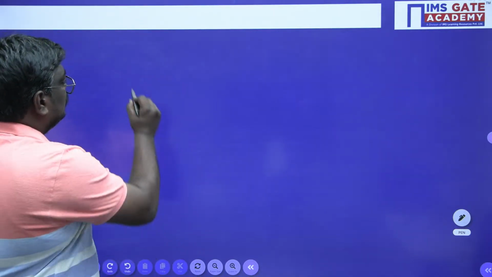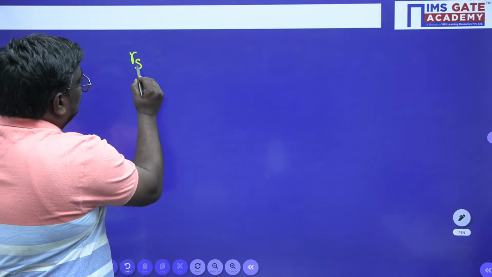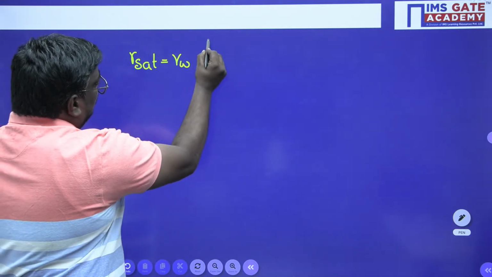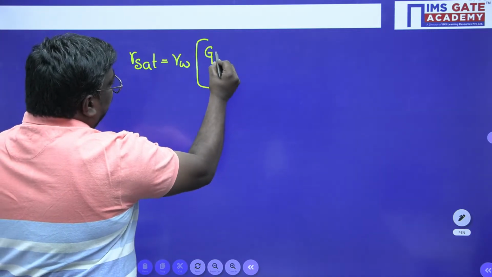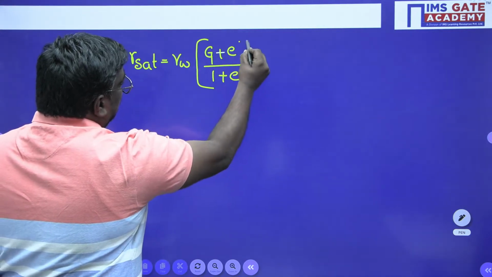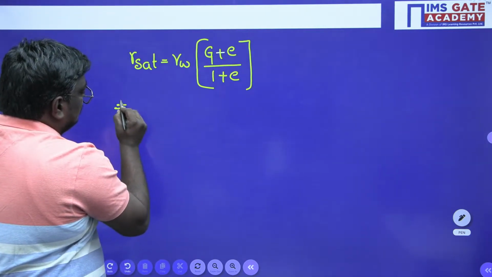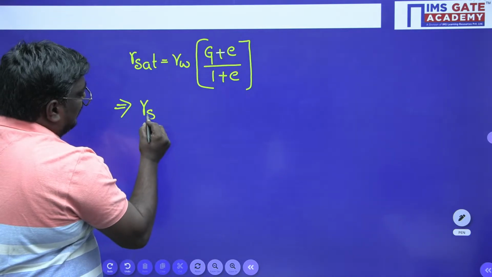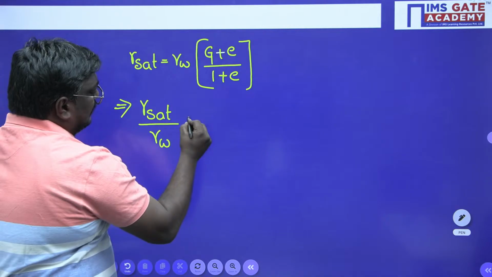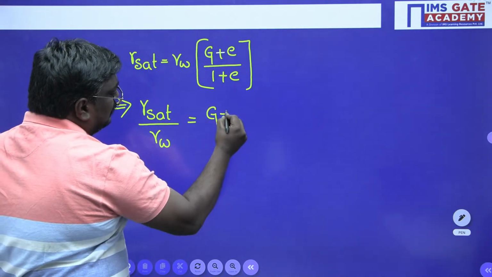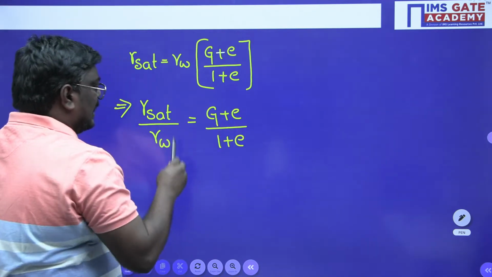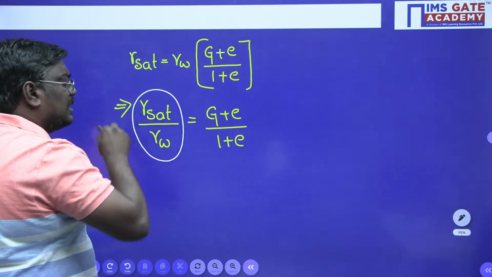So let us see, students. You know gamma sat is equal to gamma W into (G plus e) upon (1 plus e), or gamma sat by gamma W is equal to (G plus e) upon (1 plus e). What is the value of gamma sat by gamma W?